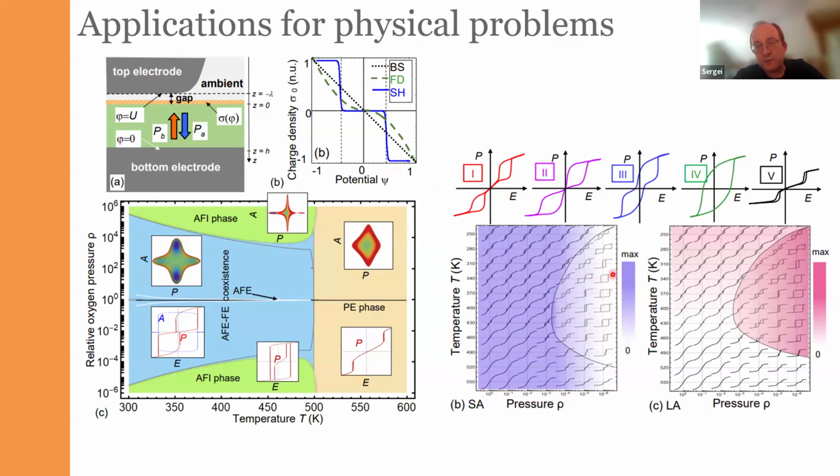So this is the example where you can see that there is a part of this parameter space occupied by the classical hysteresis loops. There are parts which look almost like paraelectric. There are parts that look like antiferroelectric. So why is it interesting? It is interesting because these materials can be used for either energy storage.